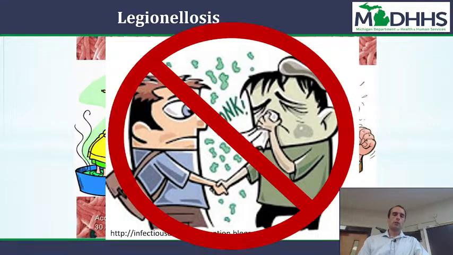It's actually not transmitted person to person, or very, very rarely. I think for whatever reason, it's only known to be a water system issue. It could be something like a cooling water tower. If you have water that has a bunch of that bacteria in it, you've probably walked by our cooling tower on campus. It's a little bit of misty spray sometimes.